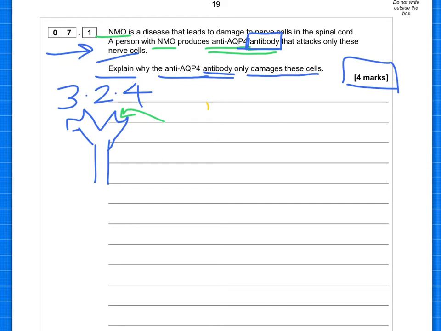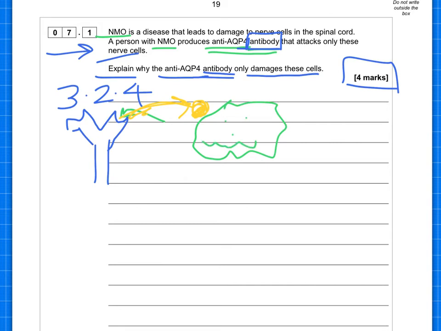So let's say I'm going to do this one particular antigen, and that antigen fits in, or in fact the antibody moves towards the antigen, and the antigen to this antibody are found on this horrible NMO. There we go.